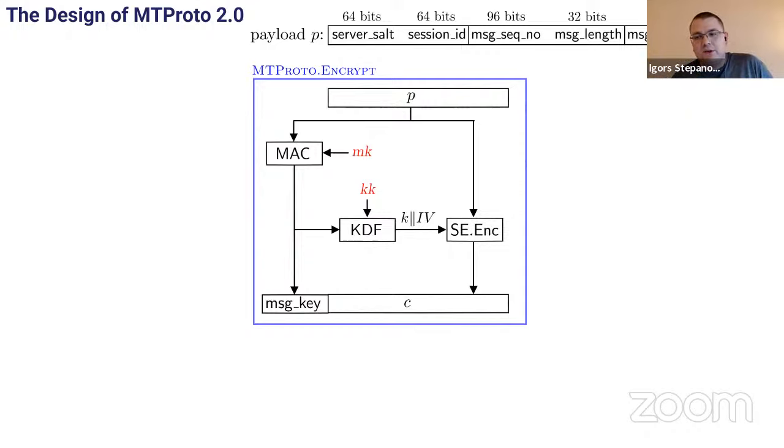The session ID value remains the same until the long-term keys are changed. In the second block, you get the message sequence number and message length. The sequence number assigns a distinct counter to each message. The message length is basically the length of the message in bytes.